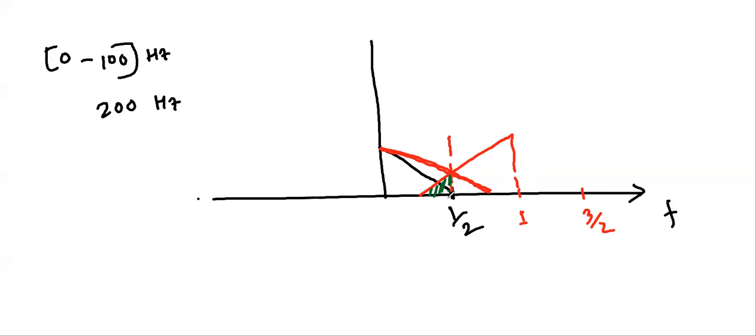So in practice, we have given the example. You started with 1 hertz and you sampled it with a sampling frequency of 2/3.